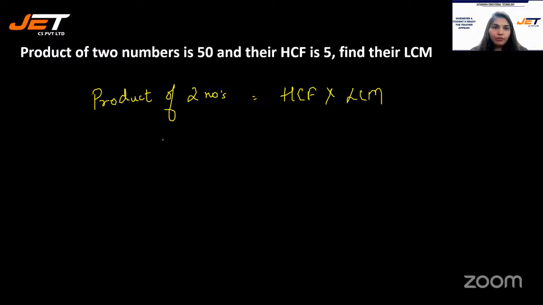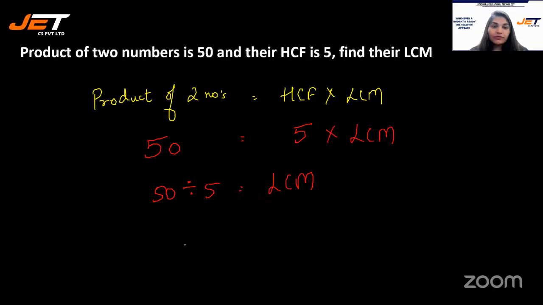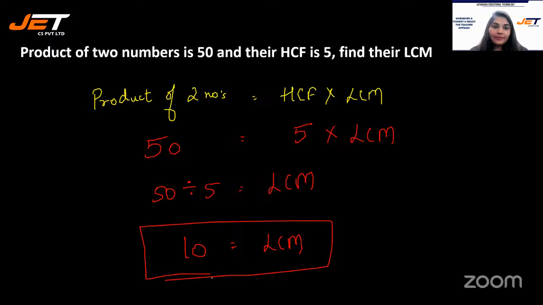So here the product is 50, HCF is 5, LCM we don't know. So 50 divided by 5 is how we get the LCM. 50 divided by 5 is 10. 10 is the LCM.